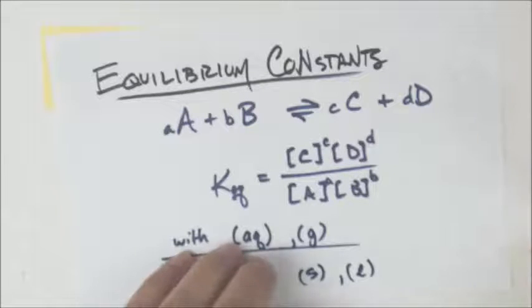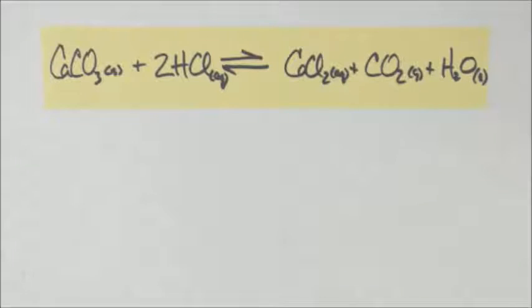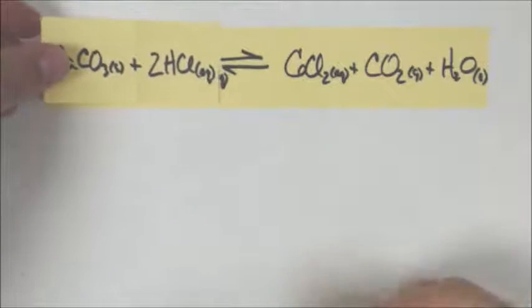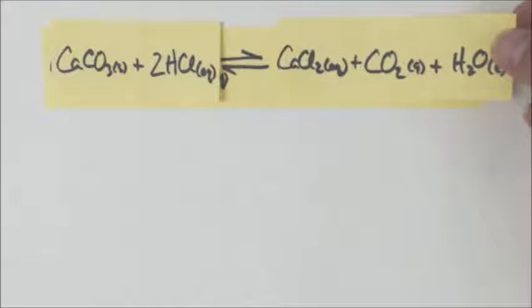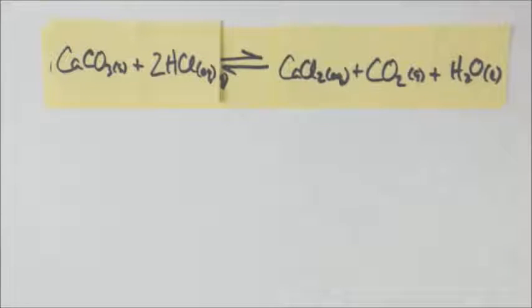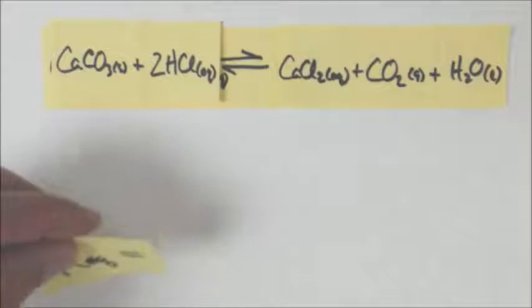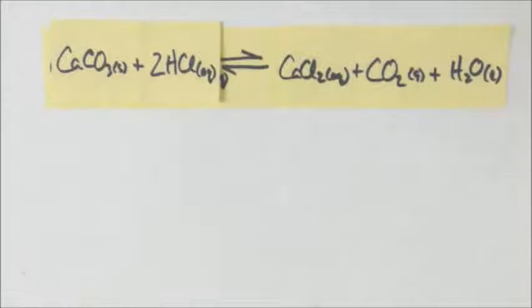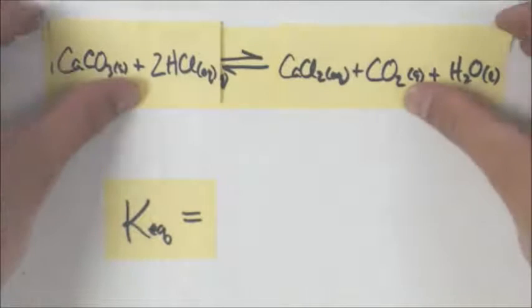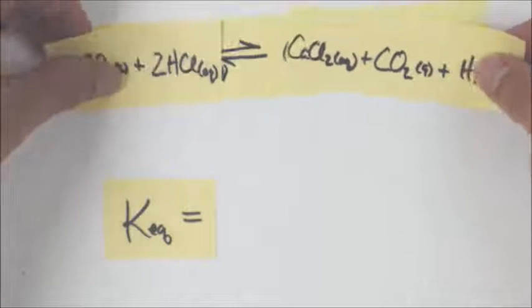So if we now look at this equation again and do a similar thing to what we had just done with the other one, we've got our calcium carbonate and hydrochloric acid, and our products, calcium chloride, H2O, and CO2. And we're going to create our KEQ expression. So we're going to take our products on top and our reactants on the bottom.